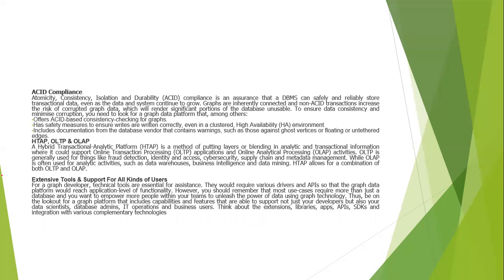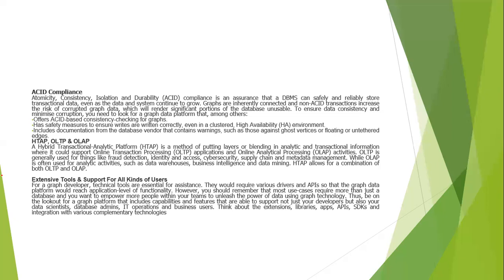Next, HTAP, OLTP, OLAP: hybrid transactional analytical platform, online transaction processing, and online analytical processing. In order to analyze the data and the relation between the nodes, we use the concepts of OLAP and OLTP. So the graph database supports HTAP, OLTP and OLAP.